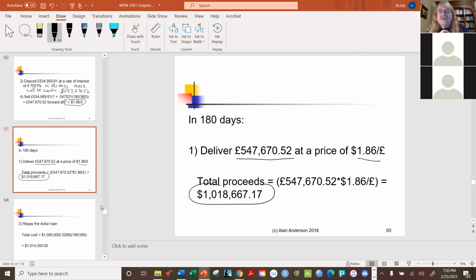Now, the dollars that you borrowed have to be repaid. But remember, in the US, the euro dollar rate is only 2.89%. So that means, which you remember from before, when you repay the loan, that's $1 million times 2.89%.